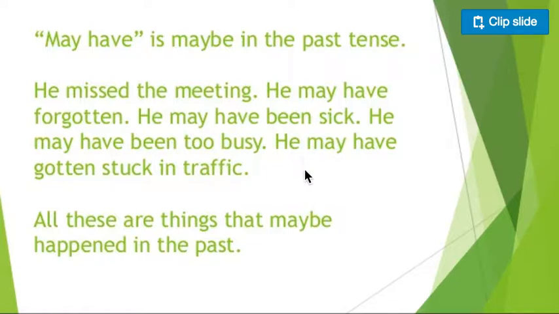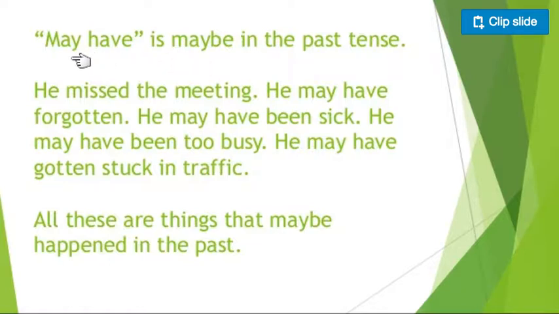He may have been sick. So you're referring to the past, talking about yesterday when he missed the meeting. So he may have been too busy, may have gotten stuck in traffic. You can also say maybe he was stuck in the traffic yesterday. Well, that is also acceptable, but you can also say may have. So maybe is not a modal. It is an adverb.